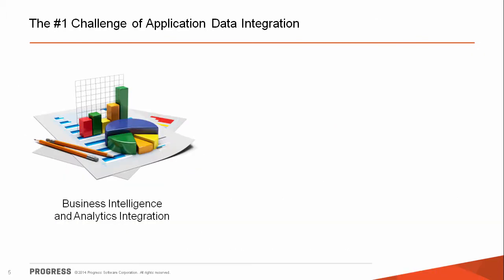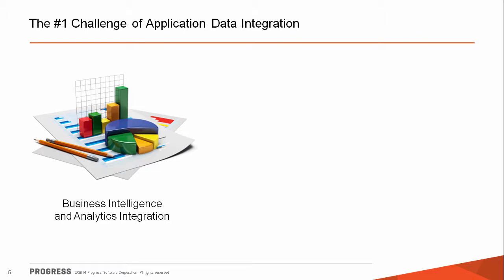The number one challenge we see, of course, is how do I do business intelligence and analytics integration into my SaaS application? Certainly most SaaS applications are multi-tenant enabled, and that creates a challenge in its own right. Vendors don't want to expose the database itself to connect up BI as well. So this does create a number of challenges.